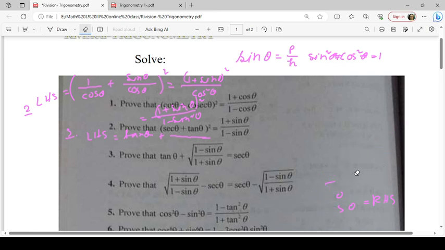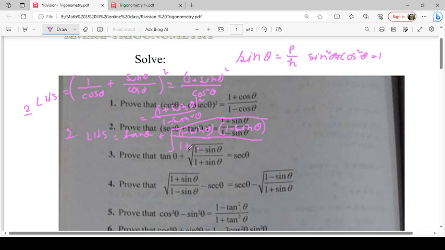So the procedure is the same. We will make this 1 minus sine theta, because it is under a square root, so we will write the square root here, and 1 minus sine theta into 1 minus sine theta, so that we can take the square root.